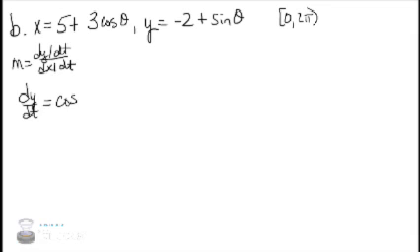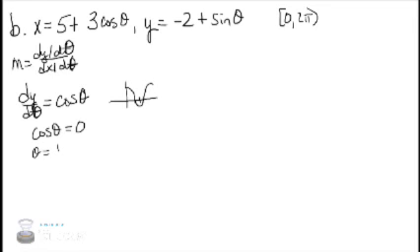I keep saying dt, but in this case it would be d theta. So dy/d theta is cosine of theta. And when is cosine of theta equal to 0 on the interval from 0 to 2 pi? If you remember your cosine curve, it's at pi over 2 and 3 pi over 2. So theta equals pi over 2, 3 pi over 2. We'll have our zeros.